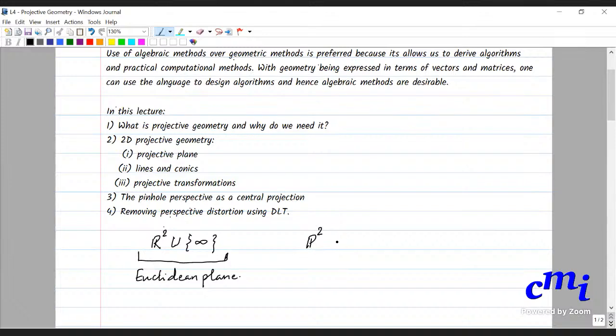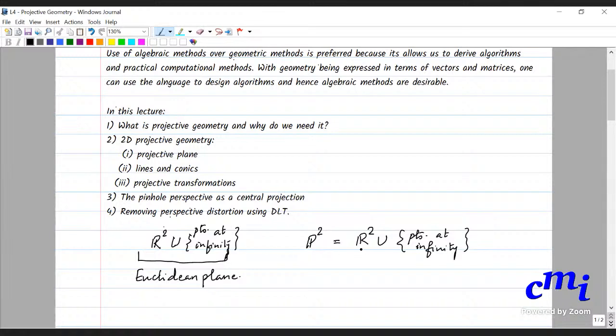Projective space is nothing but this as a set: R2 union all the points at infinity.